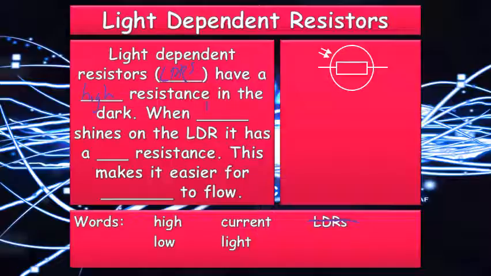When light shines on the LDR, it has a low resistance. This makes it easier for current to flow.